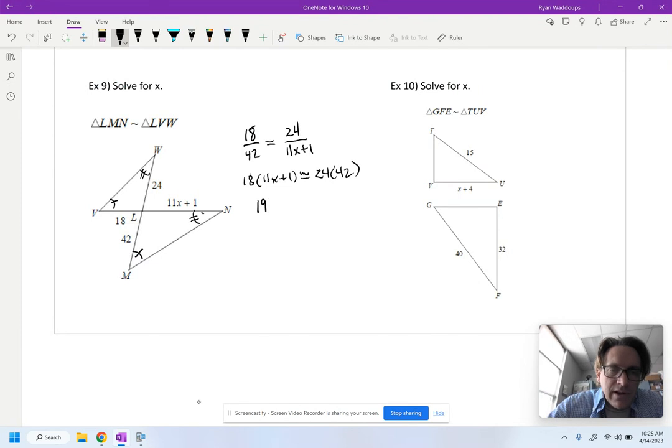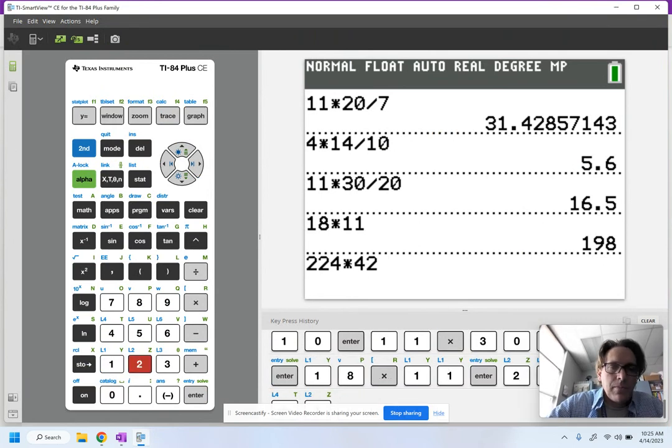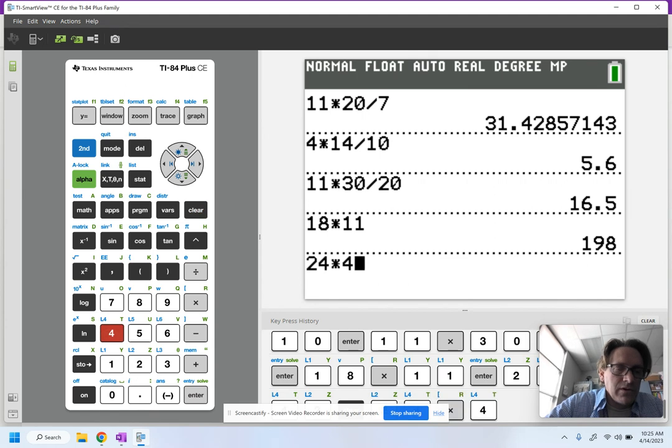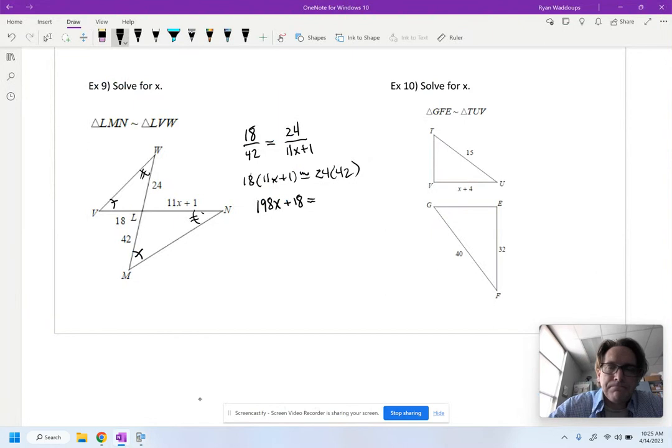So this is 198x plus 18, and that's equal to 24 times 42. 24 times 42 is 1008.